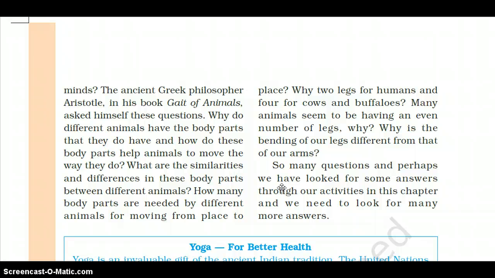Firstly, the bones which are part of the skeletal system, and second, the muscles which are part of the muscular system, and the coordinated action of both the skeletal system as well as the muscular system brings about locomotion. The contraction and relaxation of muscles moves the bone, and in this way we move from one place to the other, or we can move our body parts.